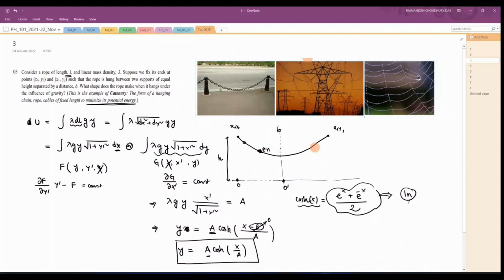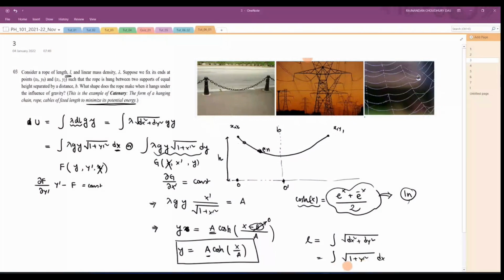The length of the string L is equal to the integration of this, which will become the integral of root over 1 plus y prime square dx. And you know your y, so you can get your y prime.